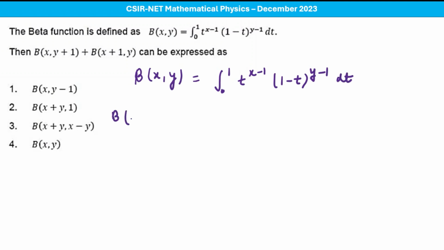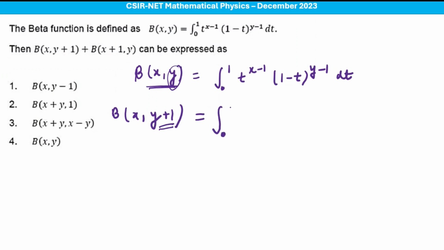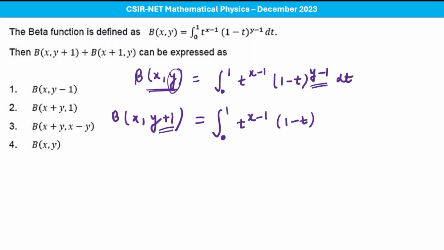So if we write B(x, y plus 1), then see, in this form we just have to replace y with y plus 1. So writing it, 0 to 1, t raised to x minus 1 and (1 minus t), replace here y plus 1. So it will be y.